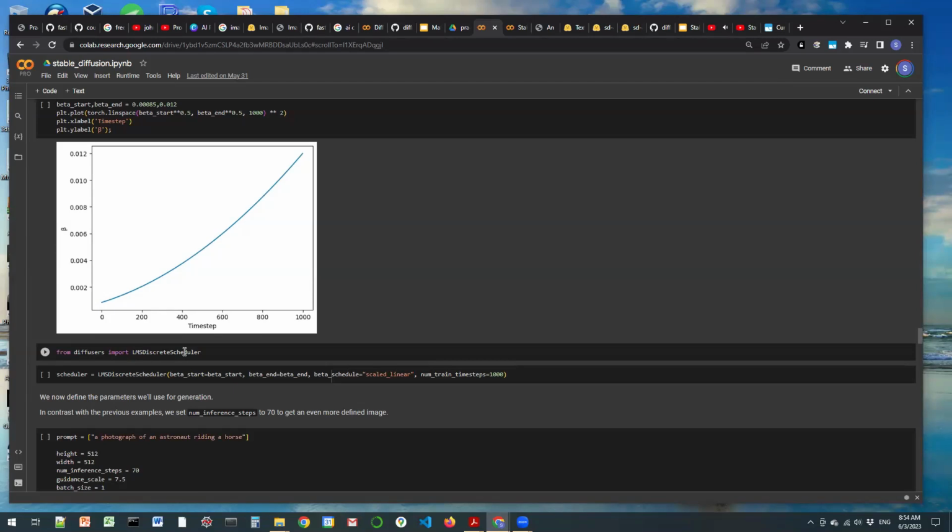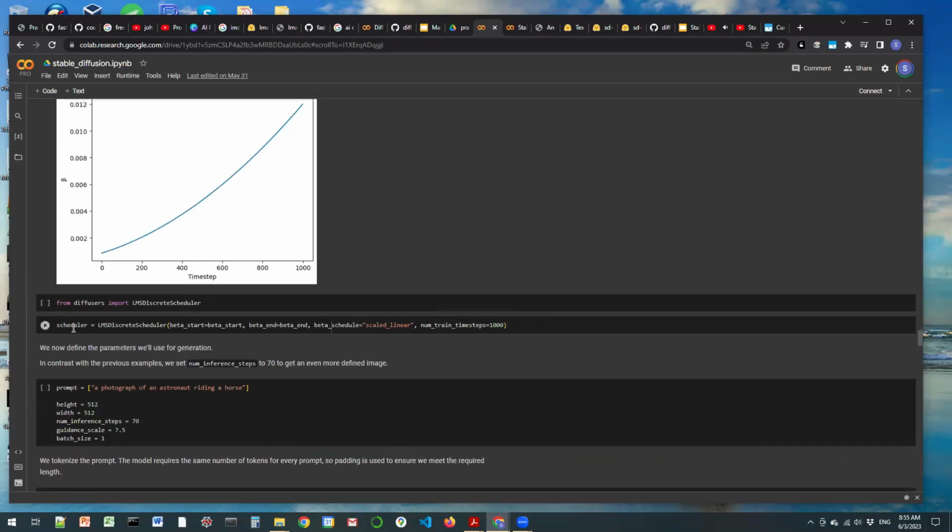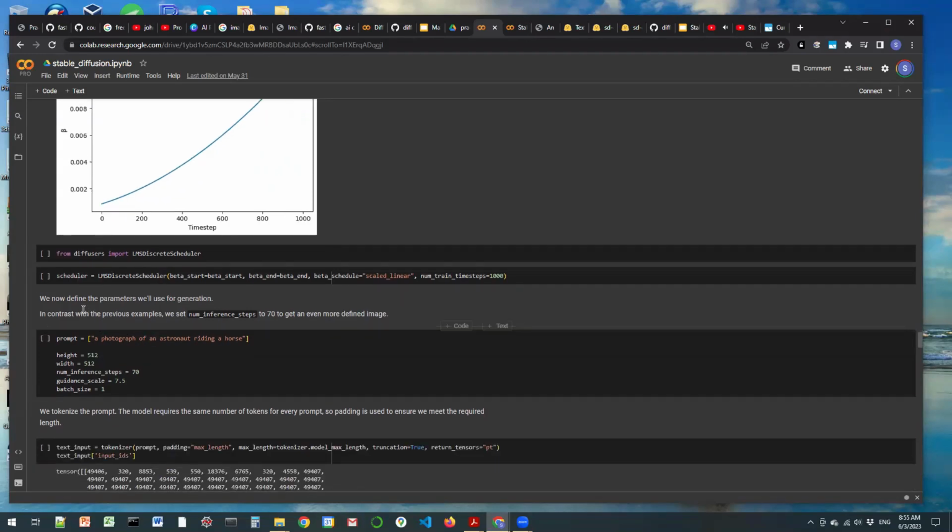As we go to the next notebook, you'll also get a better understanding as we see some plots of the usage of the scheduler. But again, there are various different schedulers available off the shelf. You take them out, you create a copy of that. In this case, we are using an LMS discrete scheduler.